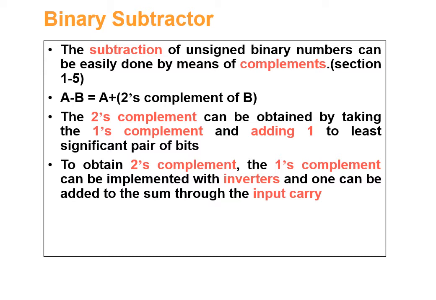Remember that the subtraction A minus B can be done by taking the 2's complement of B and adding it to A. The 2's complement can be obtained by taking the 1's complement and adding 1 to the least significant pair of bits. The 1's complement can be implemented with inverters, and 1 can be added to the sum through the input carry.